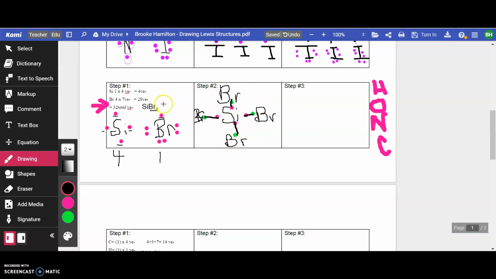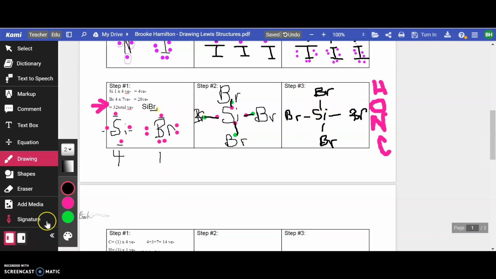Step 3, we're going to go and add any lone pairs that are left. And then we're going to double check our count. So we have our bonds, our 4. That gives silicon 2, 4, 6, 8.